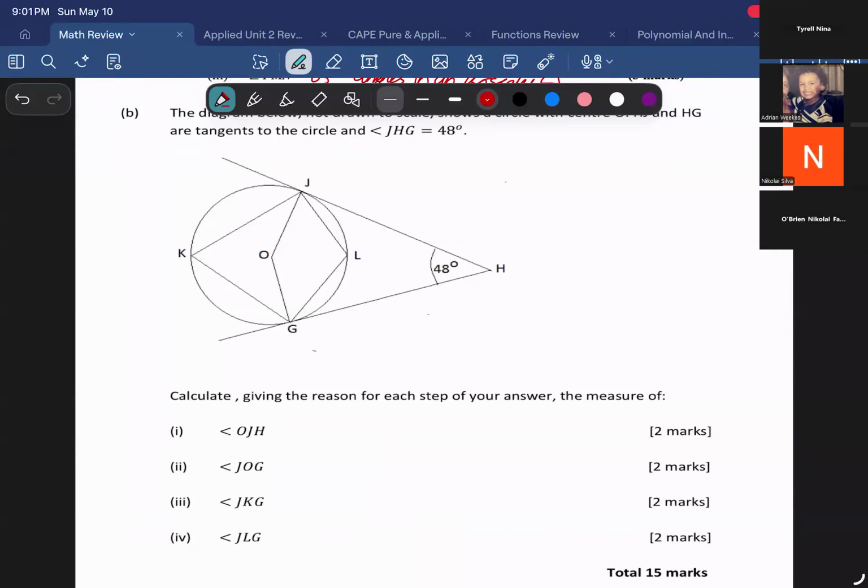Yeah, Adrian, that's what I was doing today actually, because they have applied Unit 2 tomorrow, pure Unit 2 Wednesday, and pure Unit 1 on Friday. Maths is Tuesday. Yeah.